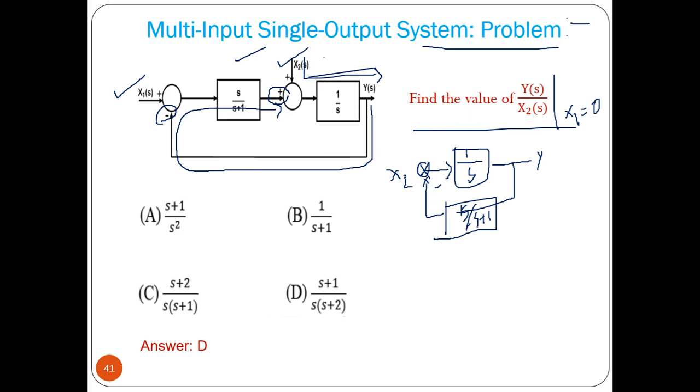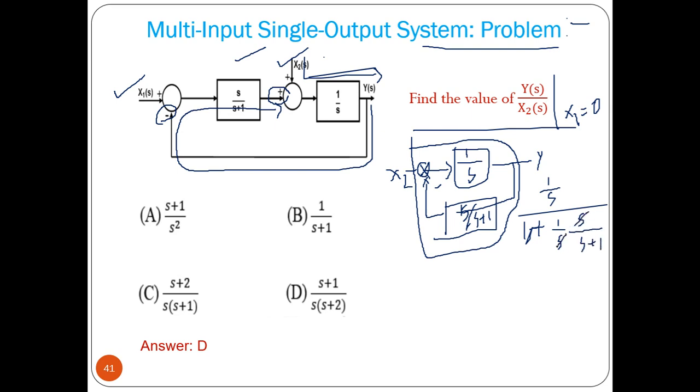So simple, we have to apply the feedback rule. If you want to apply that rule, what you have to write, 1 by s, G divided by 1 plus G into H. H is s divided by s plus 1.